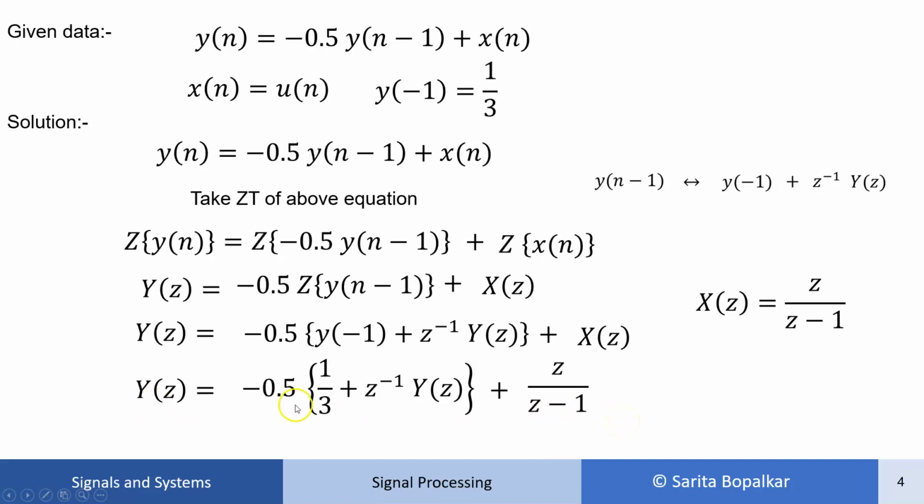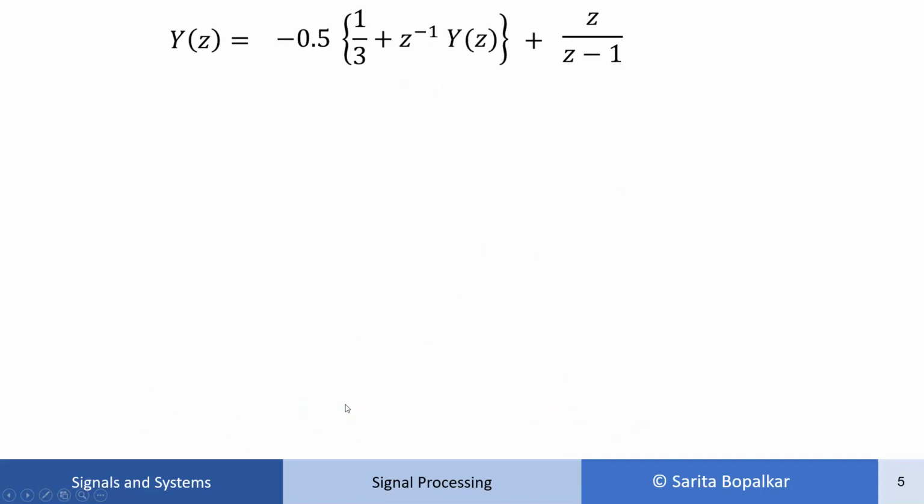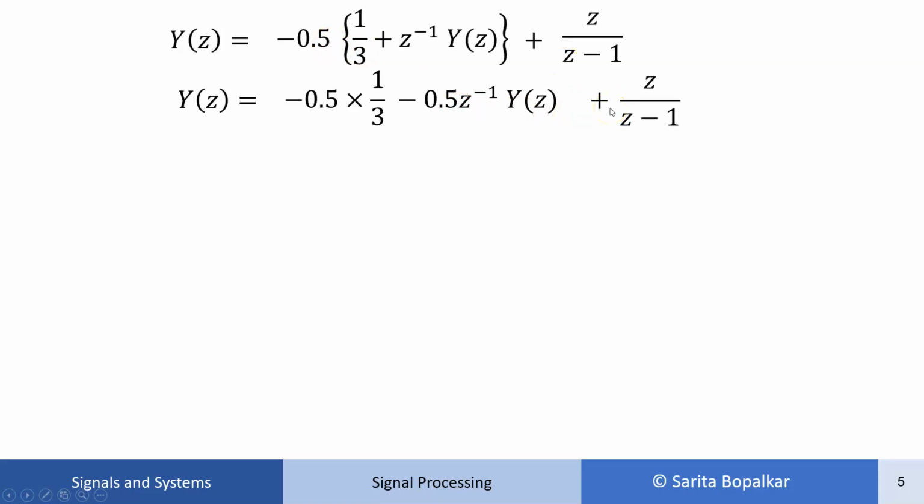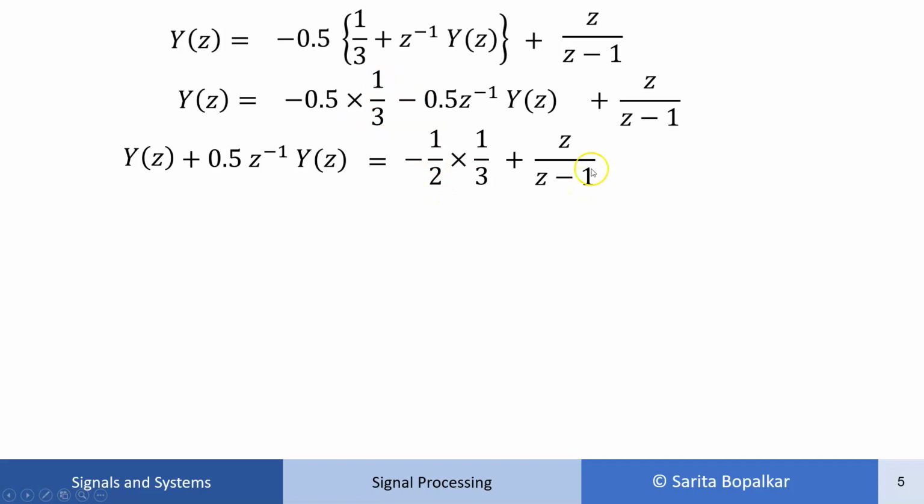Now let's solve this bracket. So this minus 0.5 will come inside, minus 0.5 plus this z upon z minus 1. Now we'll combine the terms of y of z. So this term we take to the left side, and the remaining term is equal to minus 0.5, which is 1 half, into 1 by 3 plus this z upon z minus 1.